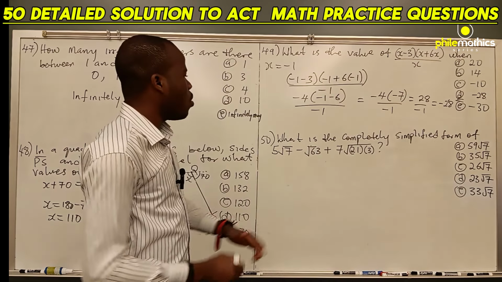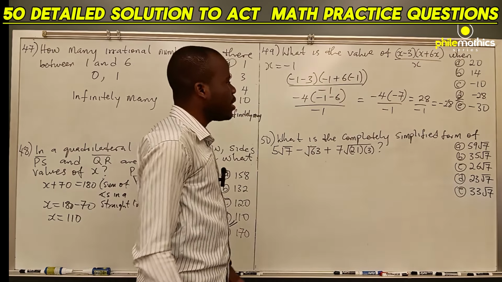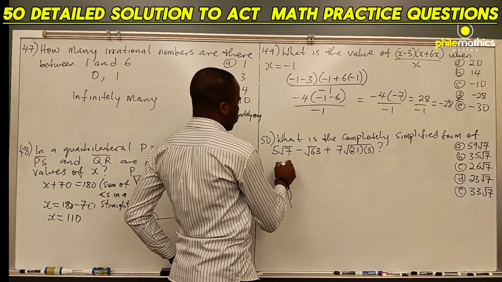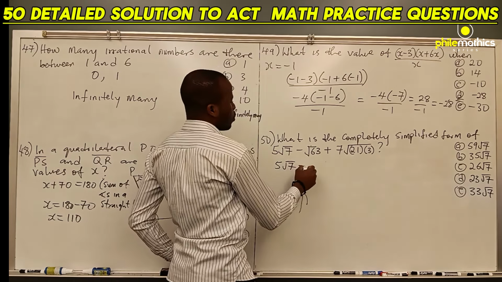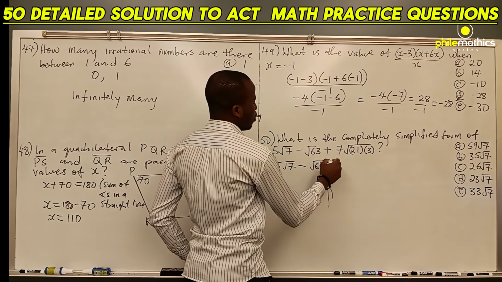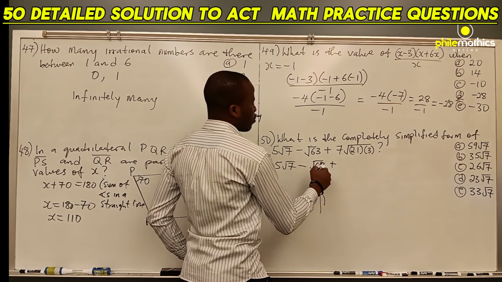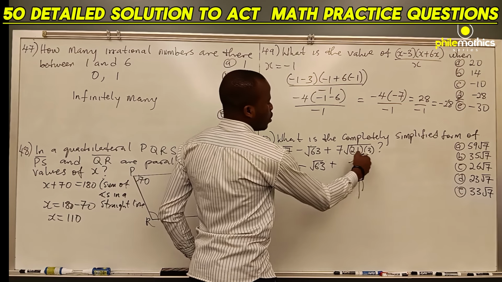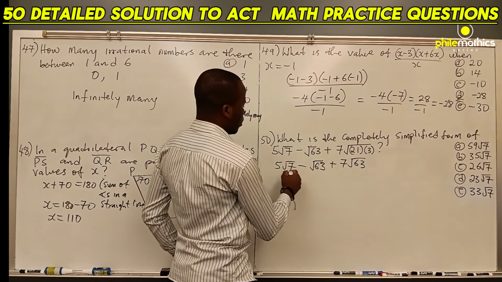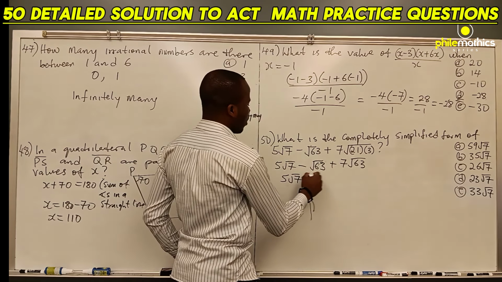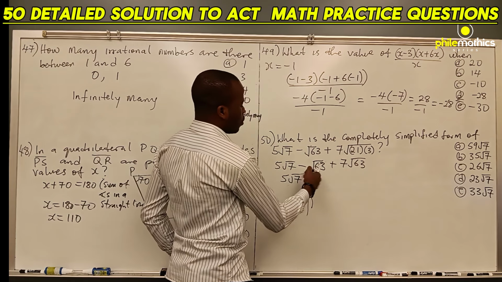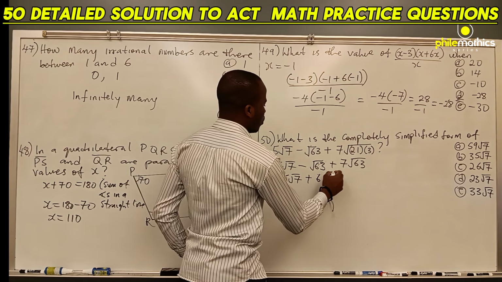And finally, what is the completely simplified form of this? So this is 5 root 7 minus 7 root 63 plus... this is 7 root 63. This is 5 root 7 minus 7 root 63 minus this is 6 root 63.